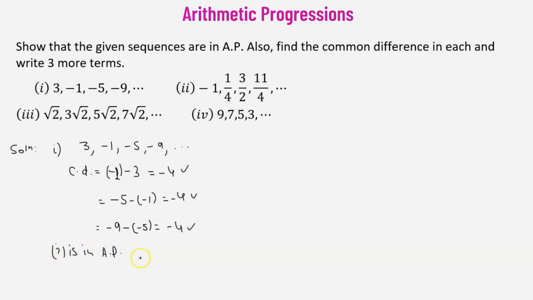Now because it is following an arithmetic progression, all we have to do to find the 5th, 6th, and 7th terms is this. To find the 5th term, we take the previous term, which is A4, and to it we add the common difference. Our common difference is -4, and our fourth term is -9. So to it we add -4, so our fifth term will be -13. Fine.